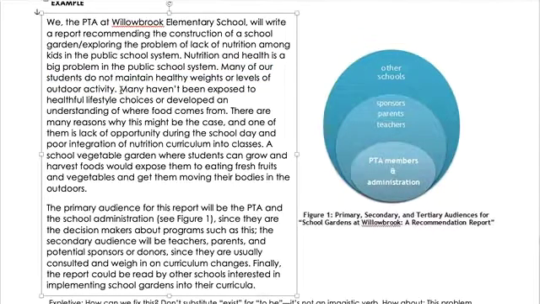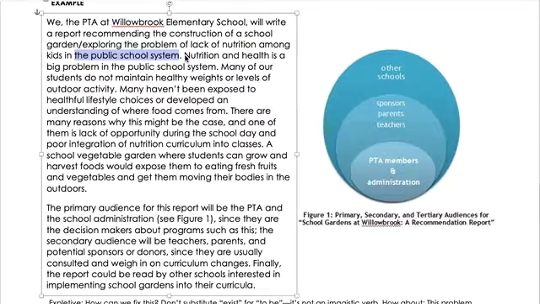They go on to say, many haven't been exposed to healthful lifestyle choices or developed an understanding of where food comes from. Okay, so they're starting to explore a little bit of the root causes and more of the scope here. So I can tell that this student is going to be doing research about public school systems in the US, because this student was in the United States.